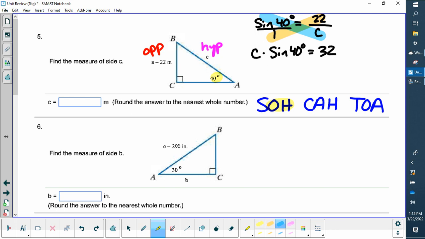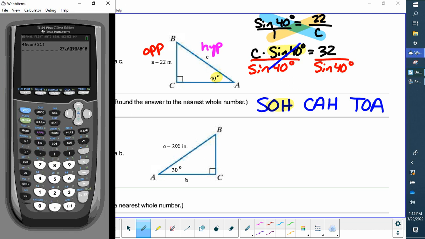You'll notice my variable is not alone. But you also have to remember, this is a pre-programmed decimal in my calculator. It's a number. The opposite of multiplying by that number is dividing. So sometimes I use division, and sometimes I use multiplication. So this would be a division scenario. So if I do it on one side, I have to balance out my equation and do it on the other. Okay, now it's a calculator problem. Let's clear this out. 32 divided by the sine of 40. Enter.